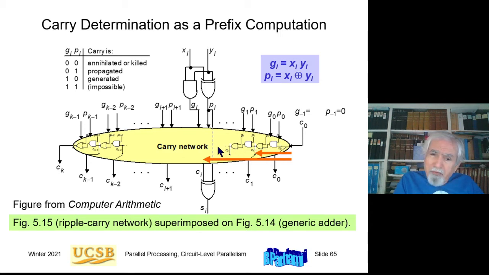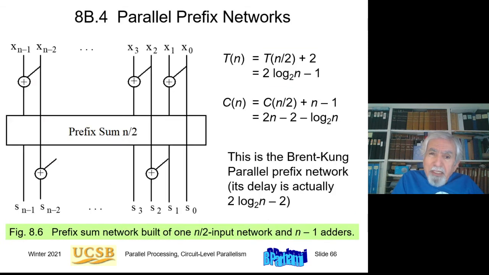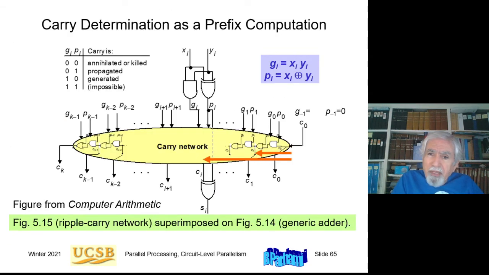And similarly for all the other ones. So I'm basically interested in computing the prefixes of this expression that consists of all the pairs P and G, with the operator being the carry operator.